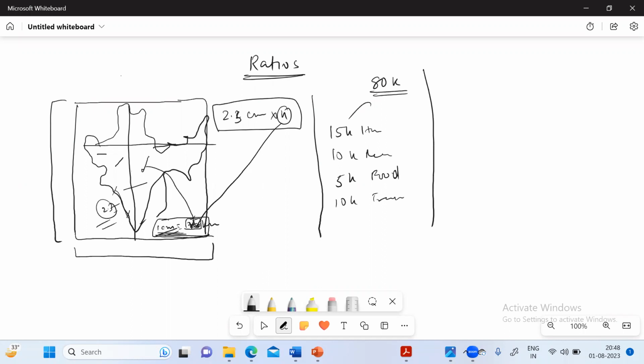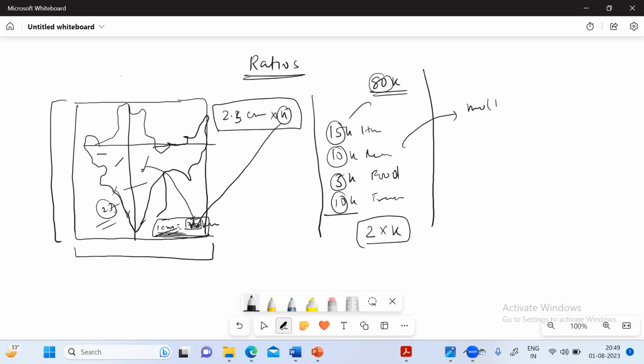So rather than writing the entire 80,000, we can just write 80, 15, 10, 5, 10. We can write these smaller numbers and add them, and if after all the expenditure I get 2, the total saving will be 2 into 1,000. So we reduce the salary by 1,000, and that's why the multiplier here is 1,000.